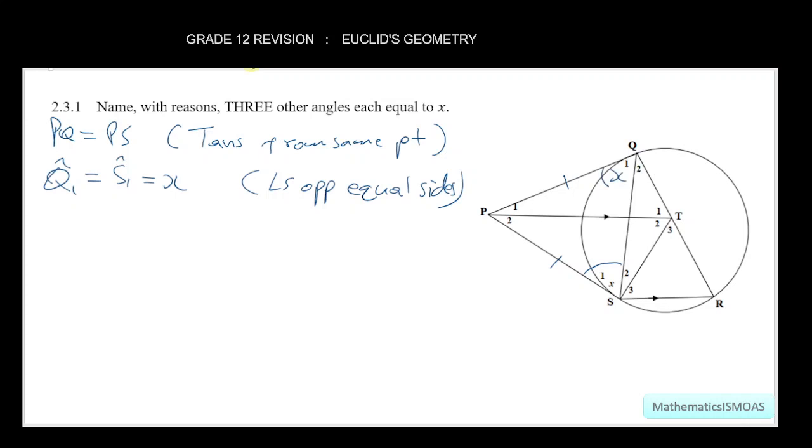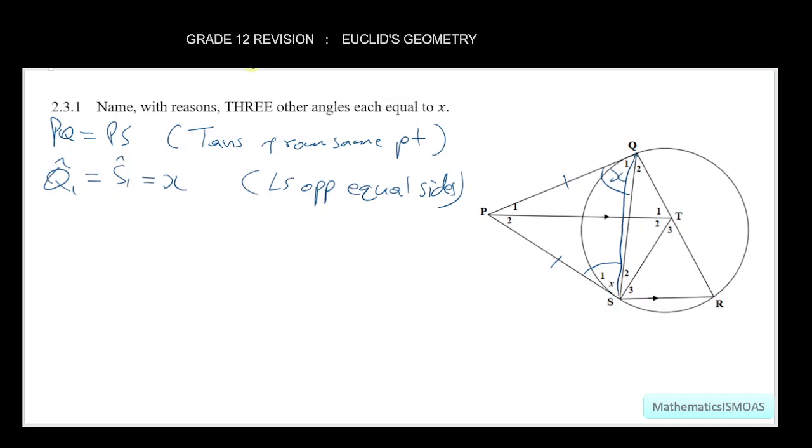x. Angle Q1 is now x. But then PQ, PS are tangents. So let's go to tangent PQ. You see, at tangent PQ, angle Q1 is an angle between tangent PQ and chord QS.